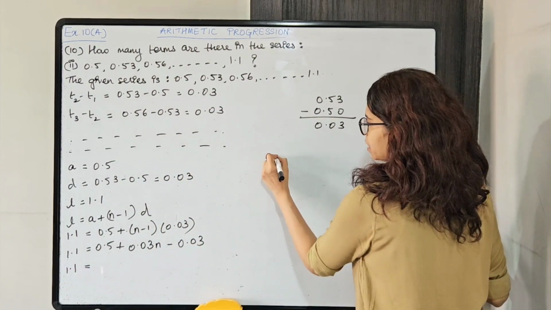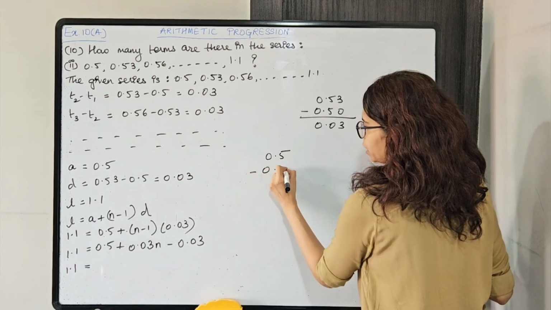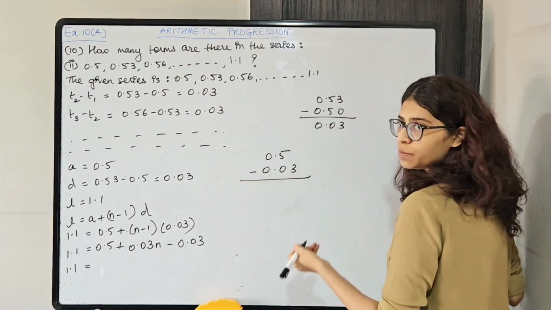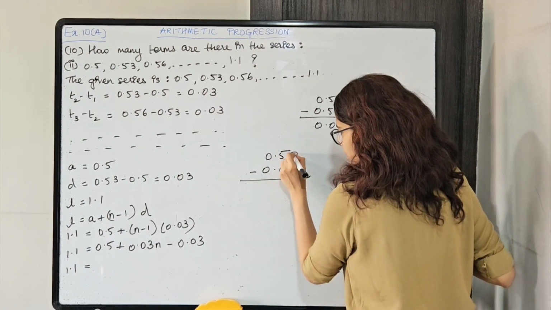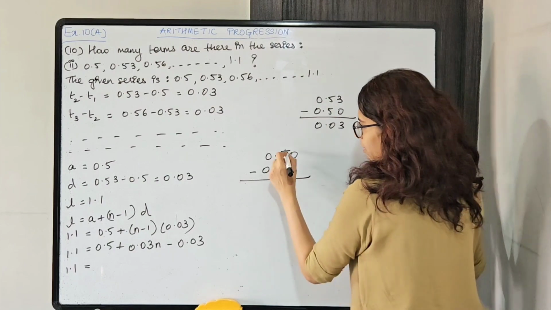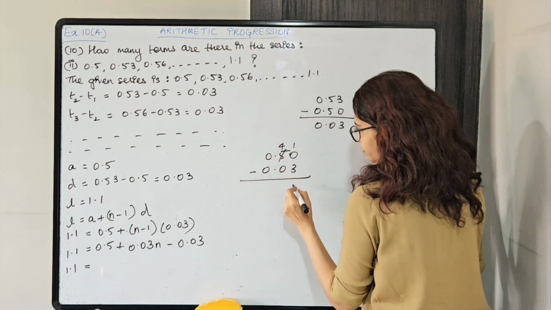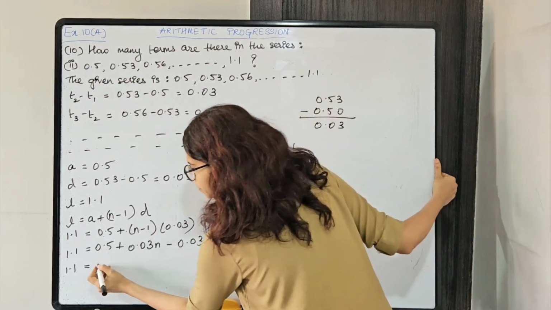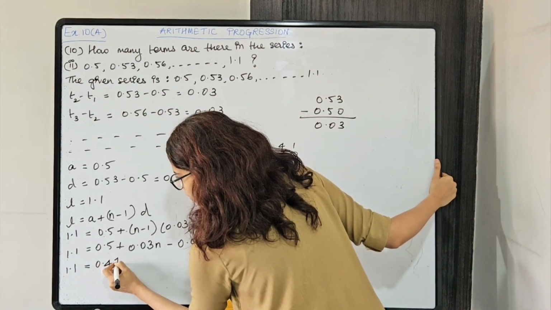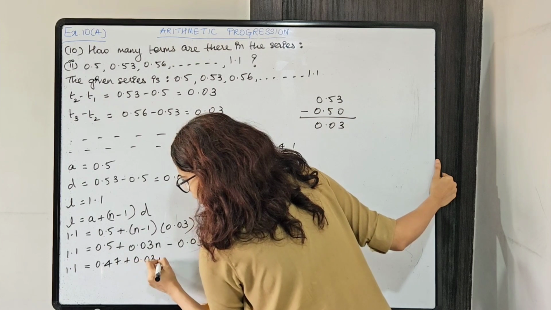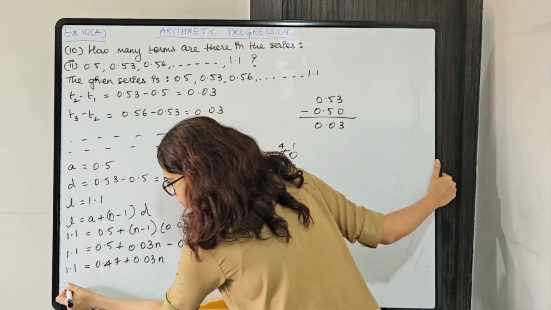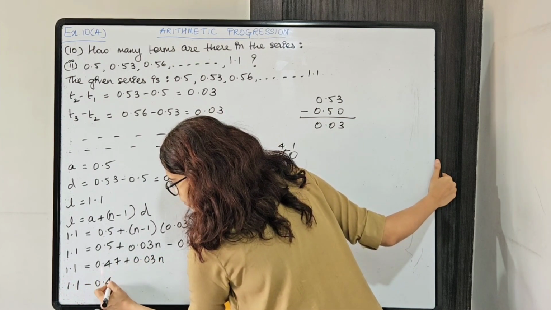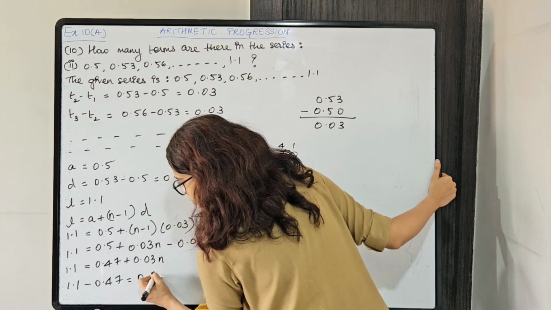Okay, 0.5 minus 0.03, it will be 0.47. यहाँ पे 0 लिख दो. So 0.47 plus 0.03n, शिफ्ट करते हैं इसको, यहाँ पे सब्ट्रैक्ट हो जाएगा. Again you need to subtract.